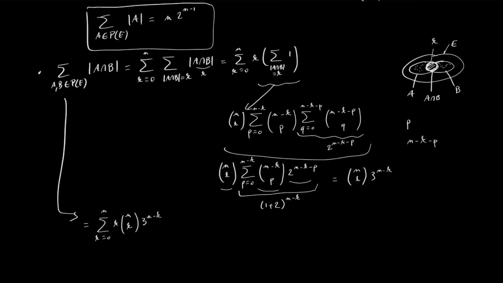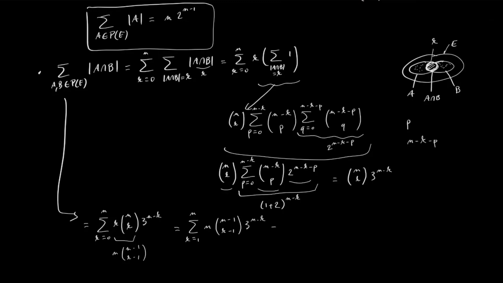Notice that we can use the same trick we used above for k multiplied by n choose k. We know that each element will be equal to n multiplied by n minus 1 choose k minus 1, and we just have to start the sum from k equal 1. So this is equal to the sum from k equals 1 to n of n minus 1 choose k minus 1, 3 to the power of n minus k.